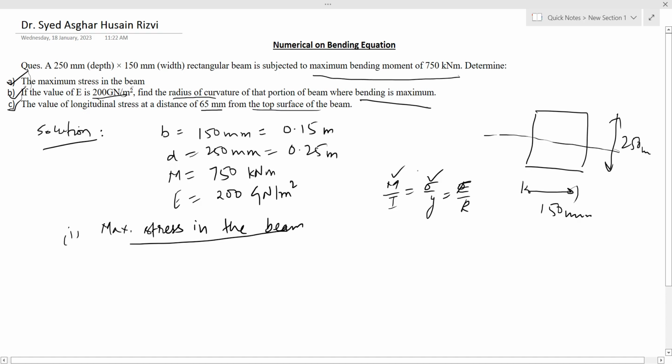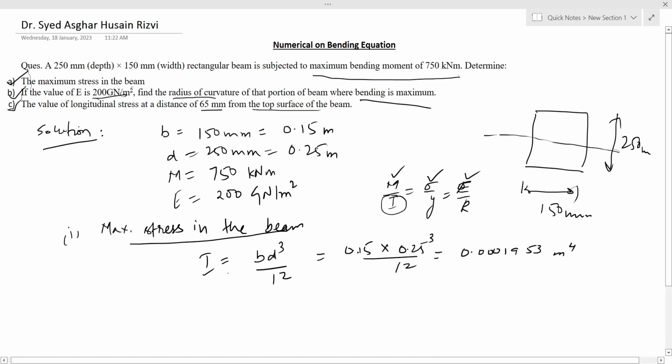We have the value of M, we have the value of E, and so first we will find out the value of I, that is moment of inertia, and I for the rectangular section is b d cube upon 12. Here b is given as 0.15, d is given as 0.25 to the power 3, whole divided by 12, and this will come out to be 0.001953 meter to the power 4.